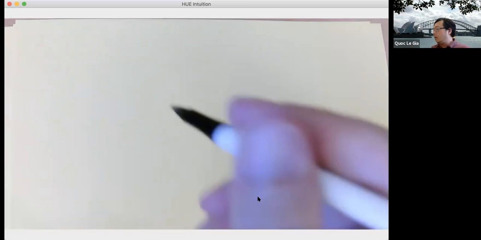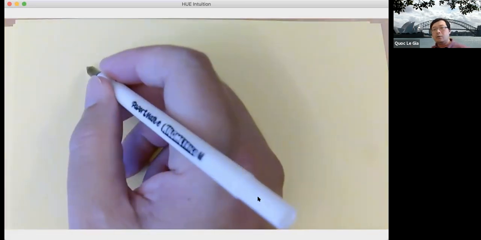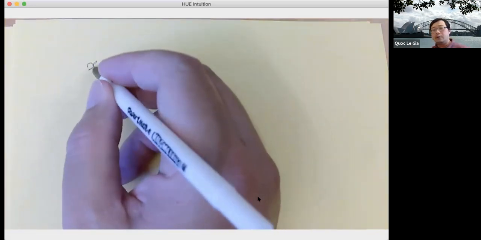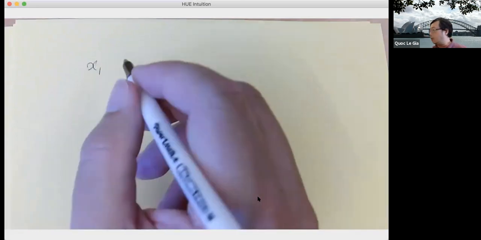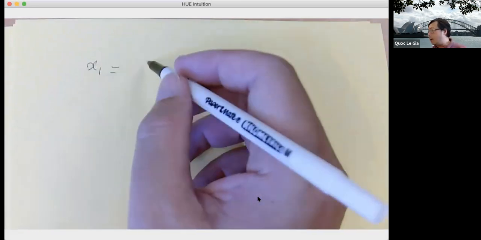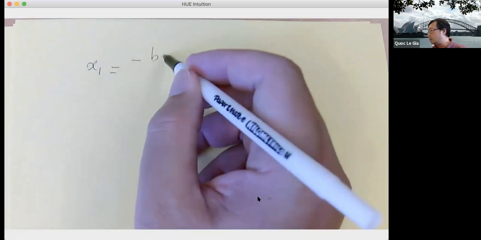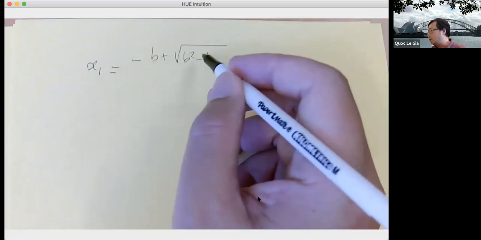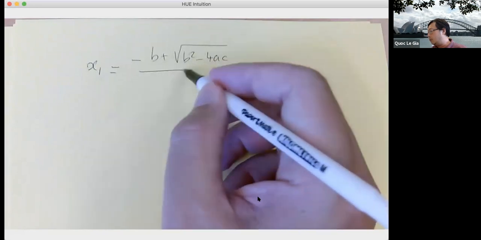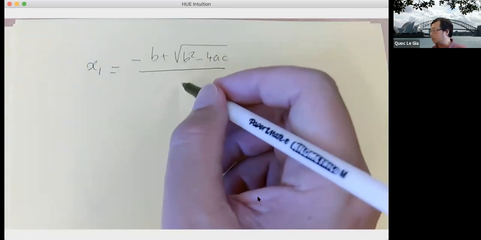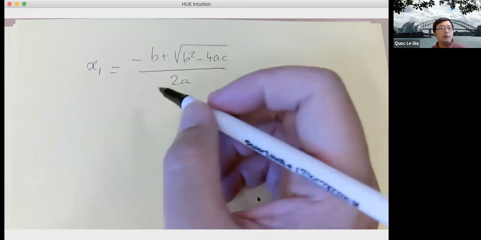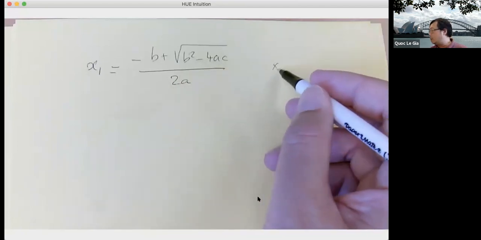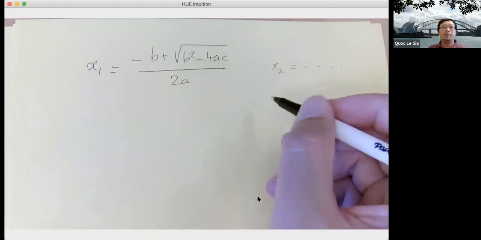Now suppose in the case of solving a quadratic equation, then you have x1 equals minus b plus square root b squared minus 4ac over 2a, and x2 equals something. We just forget about x2 for the moment.